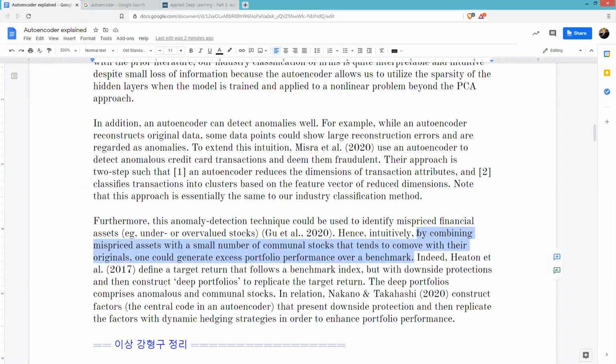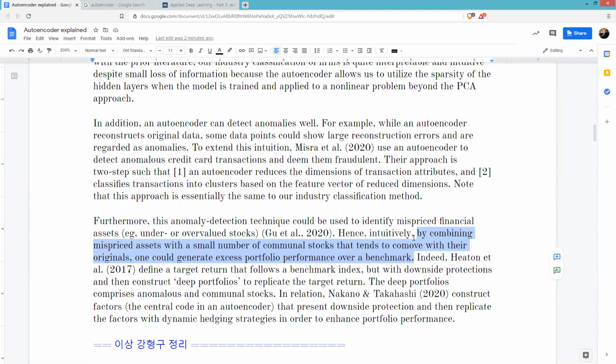So what a fund manager does is that the average active fund manager usually has a benchmark, and their goal is to beat the benchmark. So the idea is that by combining a stock that is not anomalous, like an average stock, with an anomalous stock.